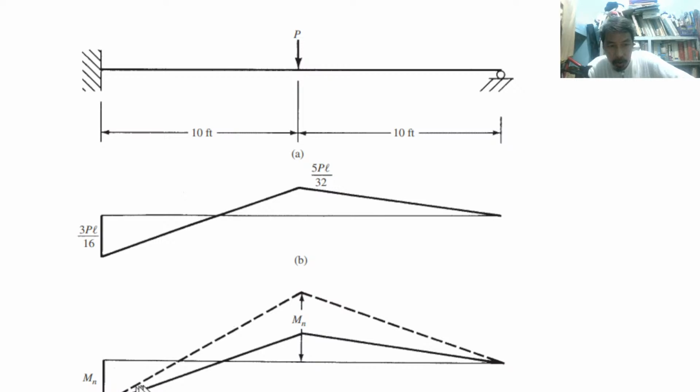So the resistance of the element will be redistributed like this. This is the original, and then the resistance will increase. This is what we mean by the increased moment.